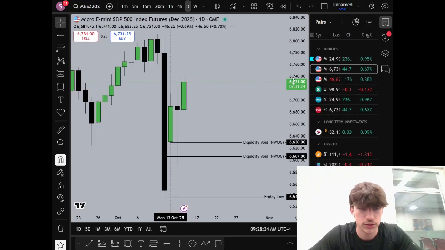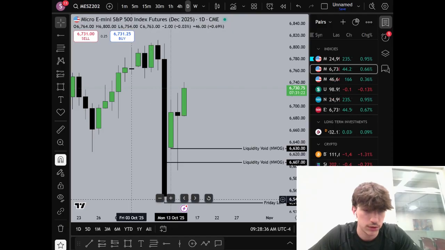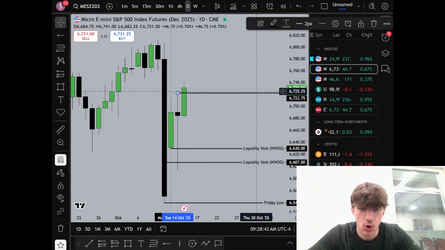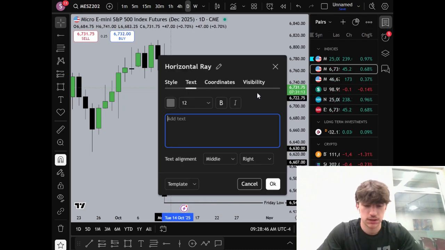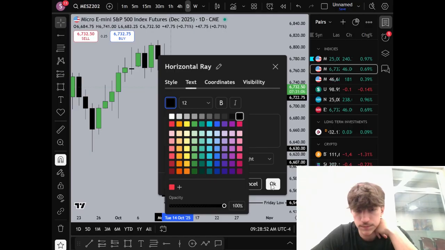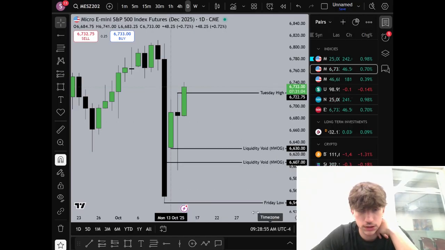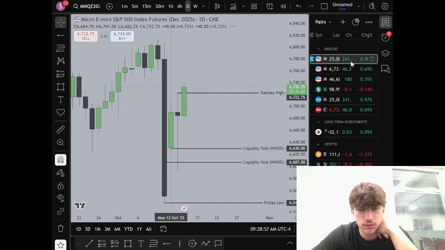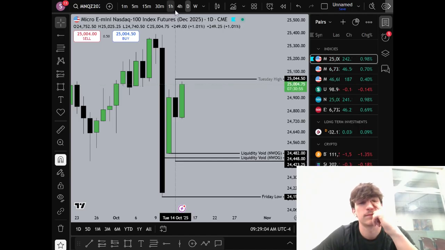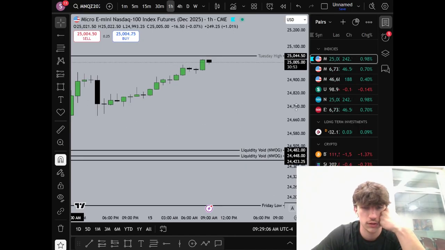One thing I always mess up is I'll mark it on Nasdaq, but then I won't mark it on ES. We've gotta hurry up, the clock is ticking. But ES already took out that high, which is very interesting.